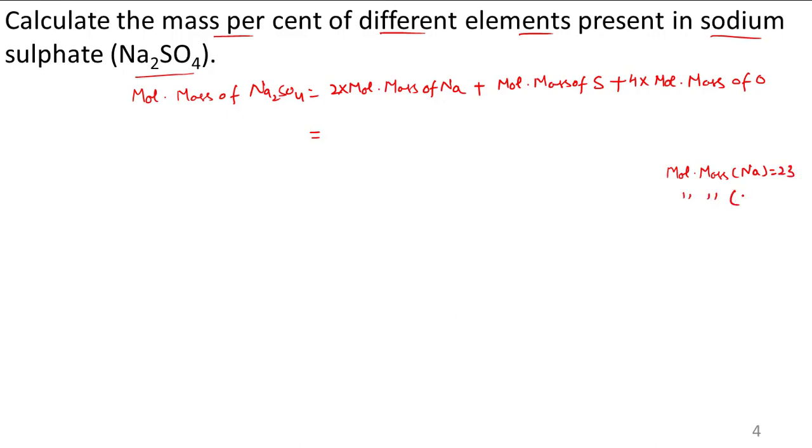Molar mass of sulfur is 32 grams, and molar mass of oxygen is 16 grams.